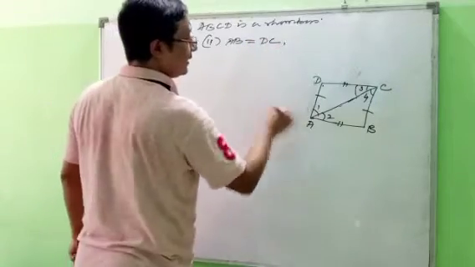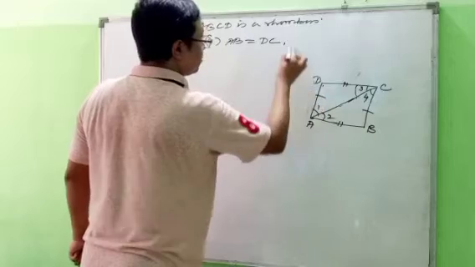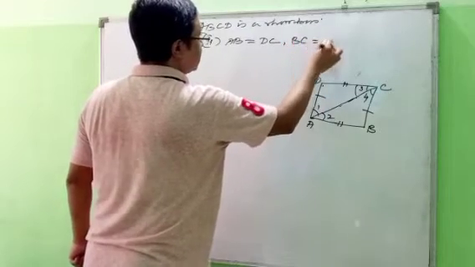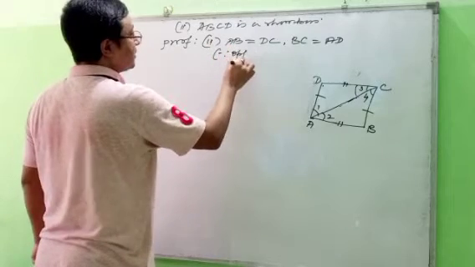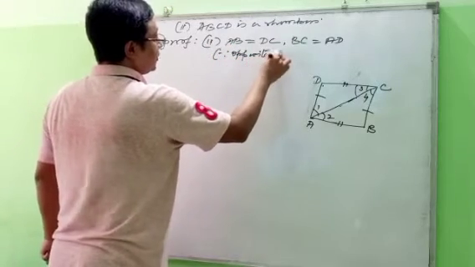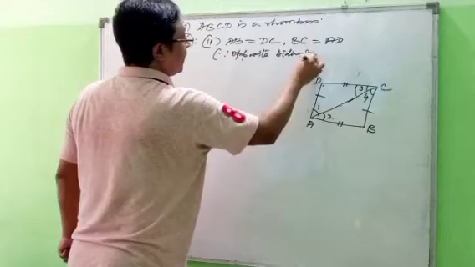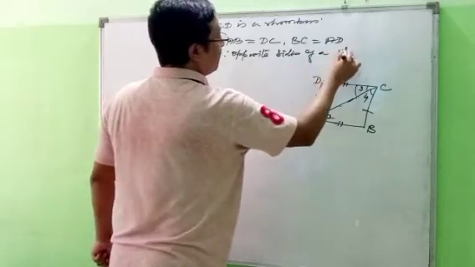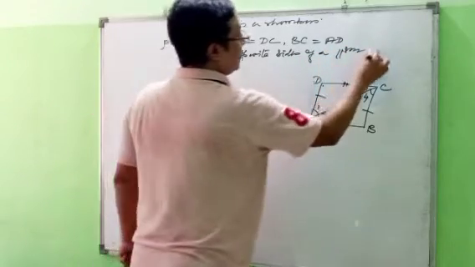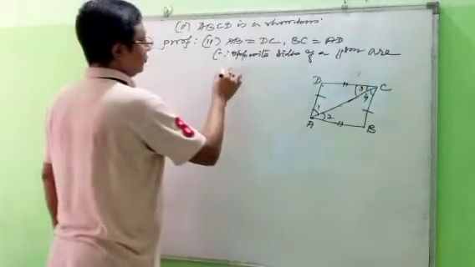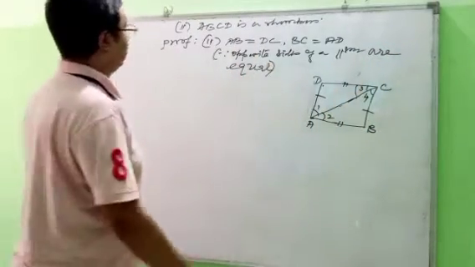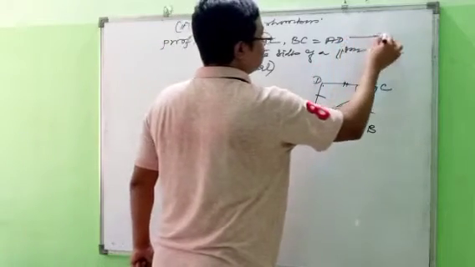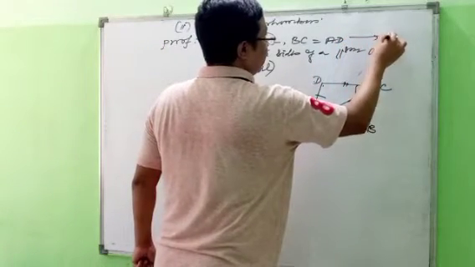And then BC equals AD. The reason is, opposite sides of a parallelogram are equal. Let us take this as equation A.